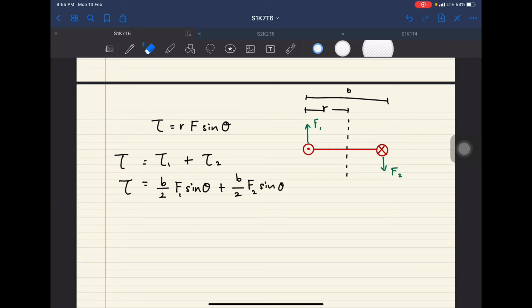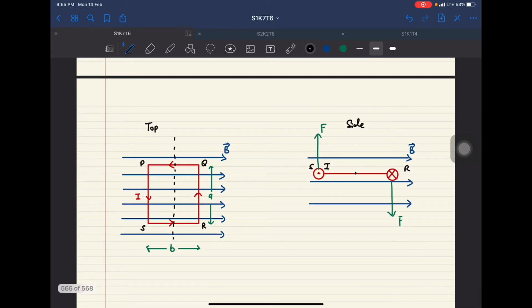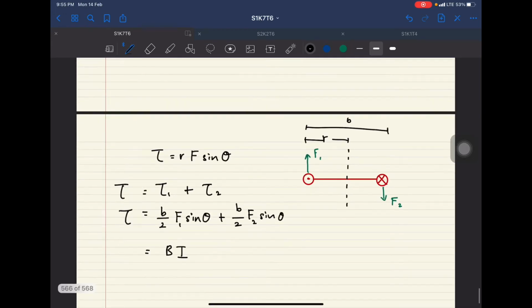So if I substitute BIL, it will be magnetic field B, then the current I, and then the length L, but in this case your length is equal to A. And then you still have B over 2 there, plus B over 2 BIA sine theta.